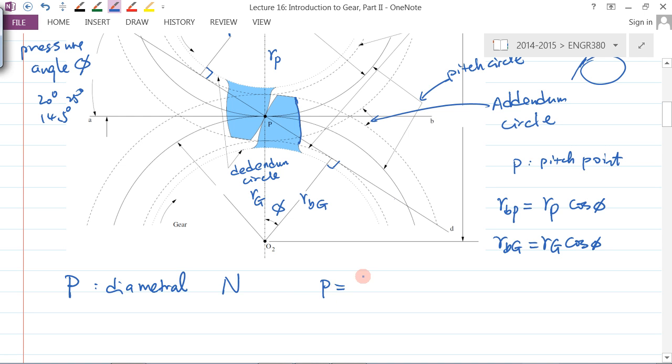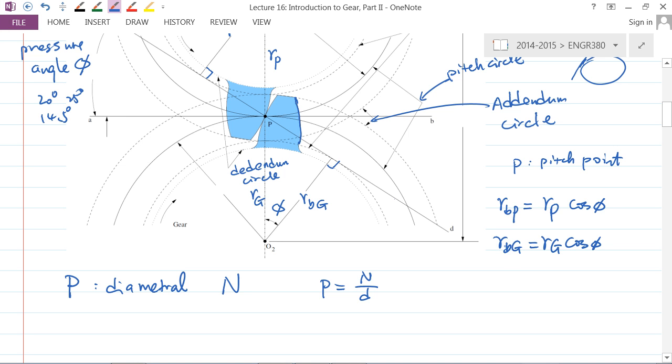The diametral pitch equals N over D. Given the number of teeth and the diametral pitch, you can calculate the pitch diameter. Once you have the pitch diameter, you can calculate the base circle diameter. Once you have the base circle diameter, as we're going to show you, you can create the involute profile, and from there all the gears can be generated.